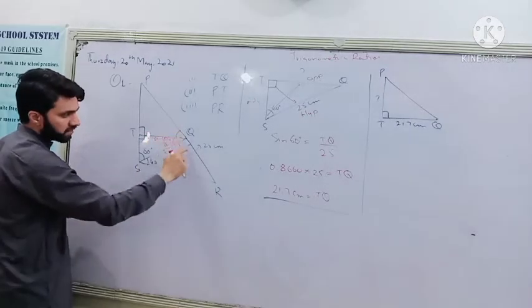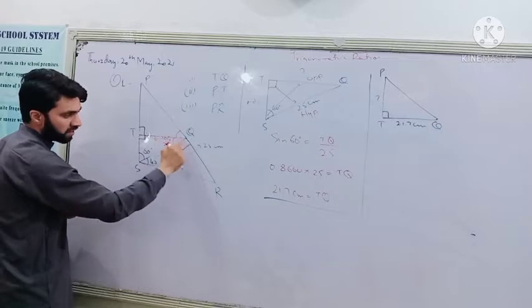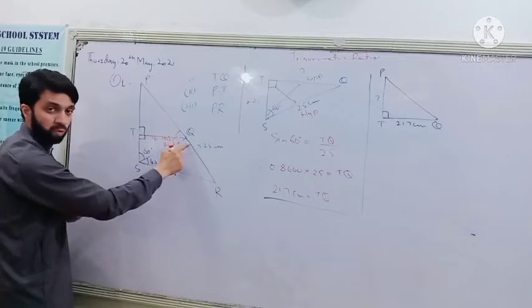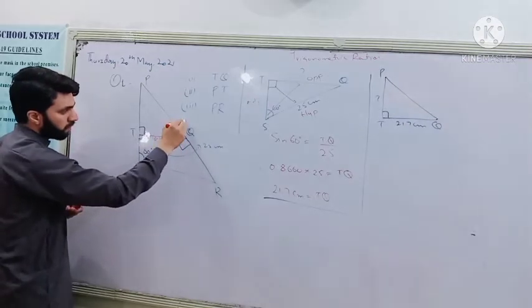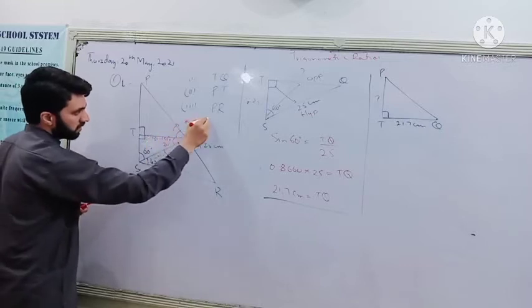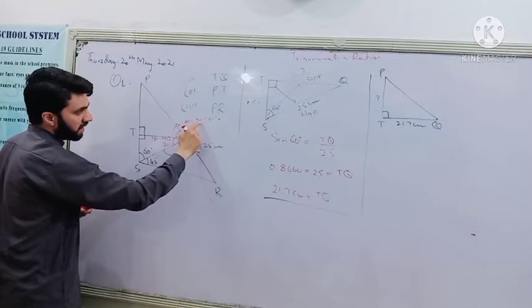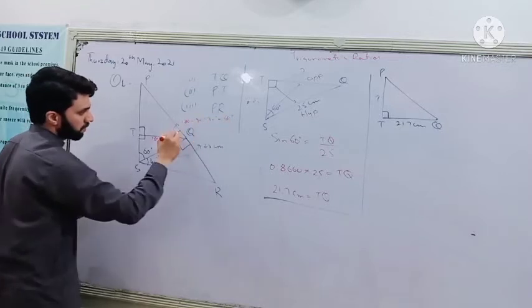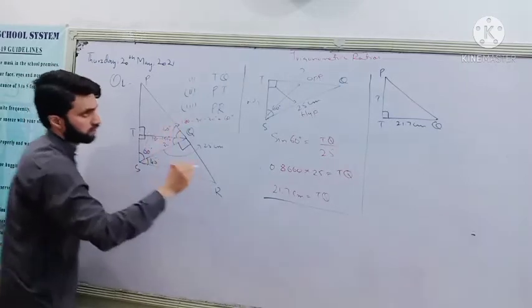These three angles are adjacent to each other and on a straight line, so the sum of these three angles is 180. So this is 180 minus 90 minus 30. 180 minus 90 is 90, 90 minus 30 is 60, so this is 60.